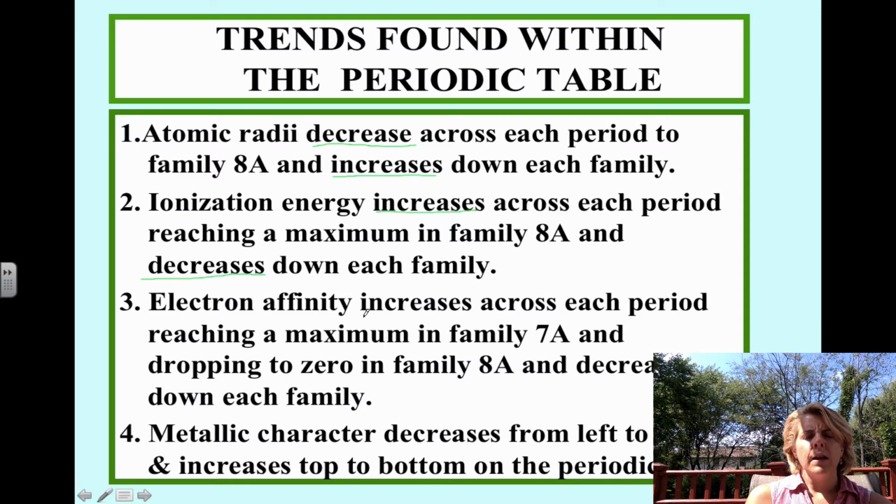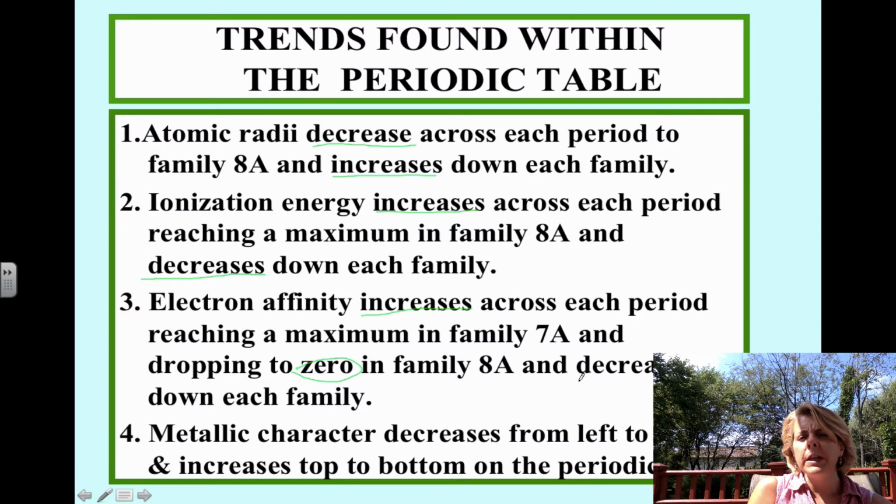Once again, the increase of electron affinity occurs across a row. So electrons are more tightly held when you go from left to right. Notice that the affinity is actually 0 with noble gases because they no longer need extra electrons. They're done. They're satisfied.